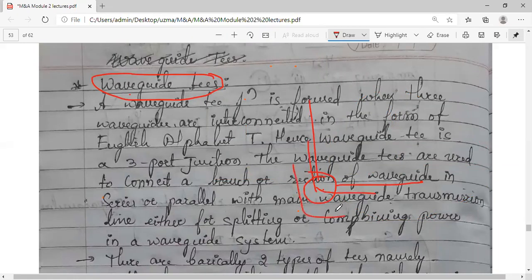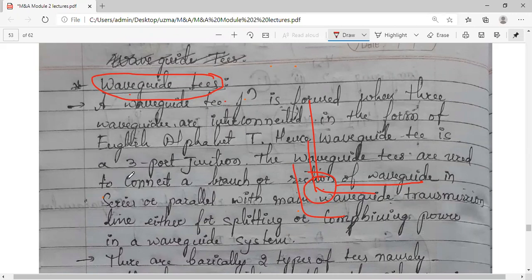That's why you're using an L-shaped connector. Similarly, whenever you're considering waveguides, waveguides are nothing but your transmission lines through which you're propagating the waves. So whenever you're propagating, some bends, some joints are required, right? So under such conditions, you go for waveguide Ts.